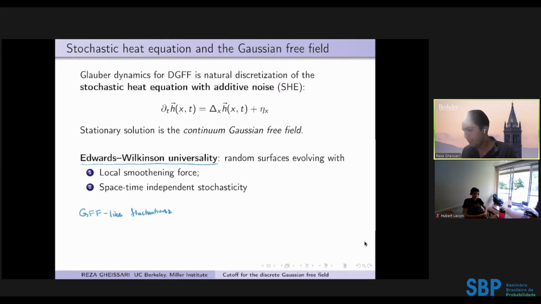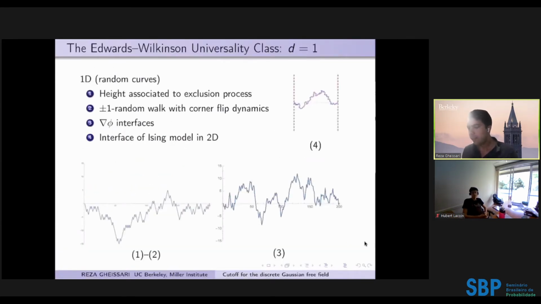So I'll give some examples of random curves and surfaces that fall into this universality class now. So in dimension 1, a few canonical examples are, firstly, the height function associated to the symmetric exclusion process. Or alternatively, so 1 and 2 are actually equivalent, a ±1 random walk bridge. So that's depicted here.